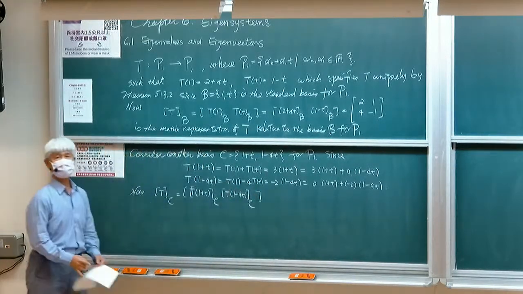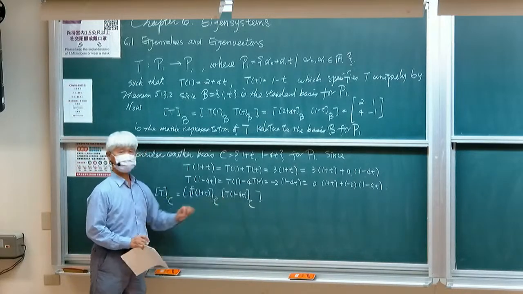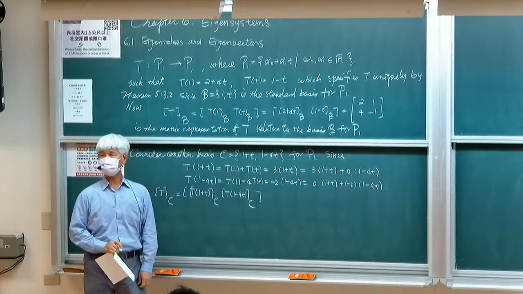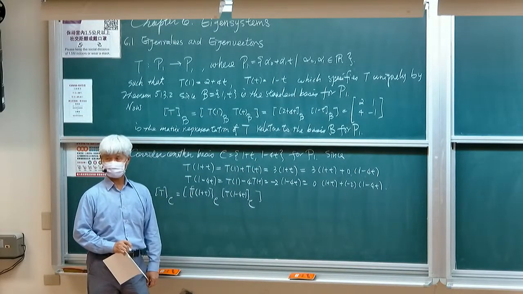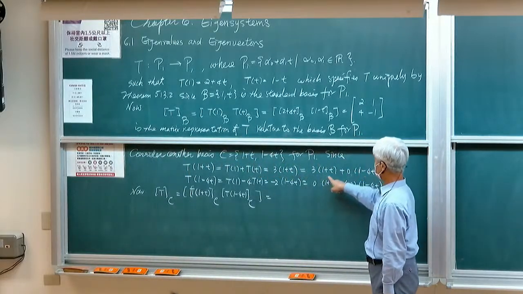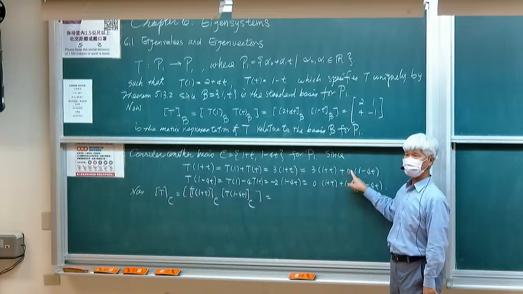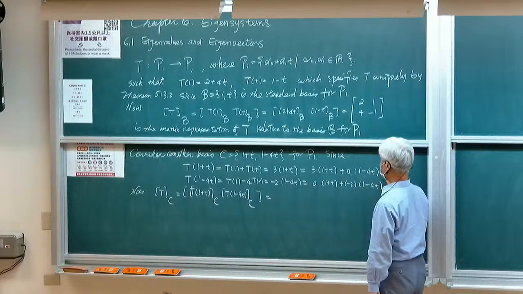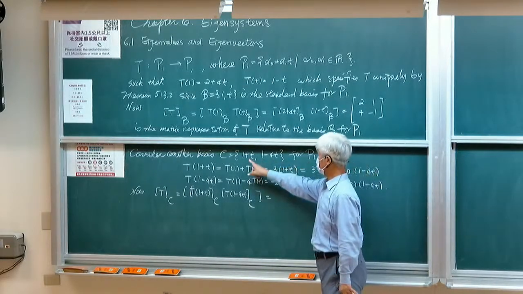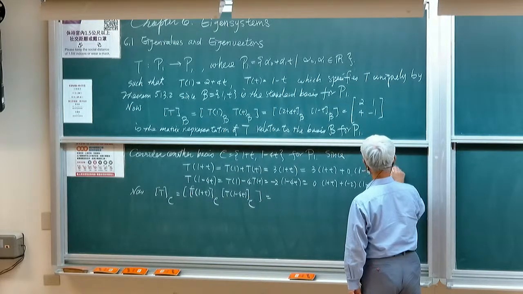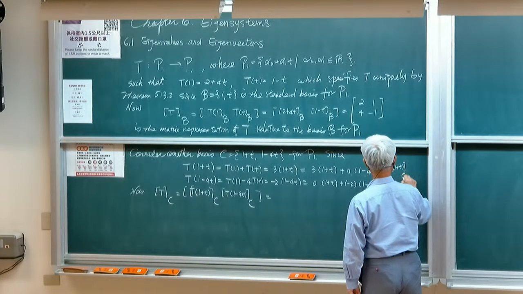So now we check the C coordinate of the image of these 2 basis vectors in C. And from here, we already wrote it as a linear combination of the basis vectors in C. So this goes to saying that it's 3, 0.